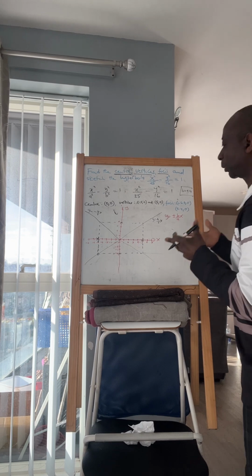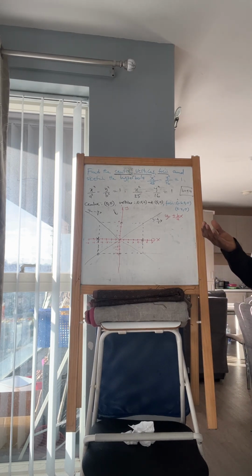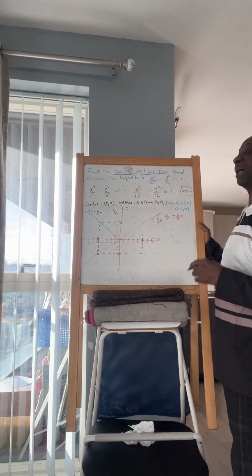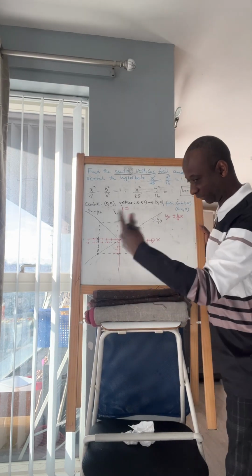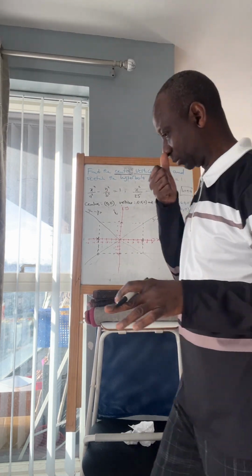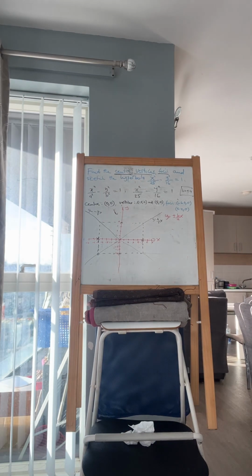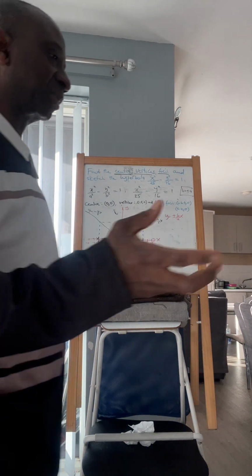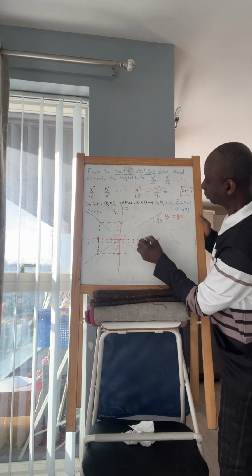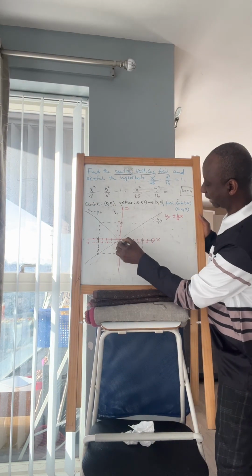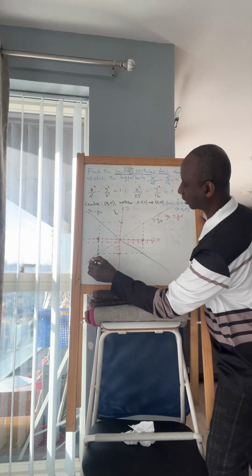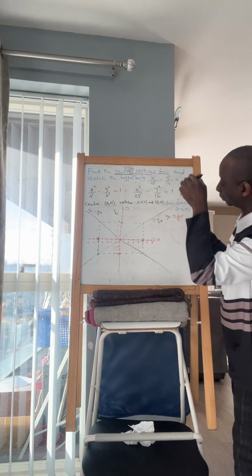Now let's plot our hyperbola. This is the vertex. The vertex is the maximum turning point of a graph. For all these conic graphs, when you are asked to find the vertex, it is mostly the maximum turning point. And don't forget, we have these lines here, the asymptote lines.